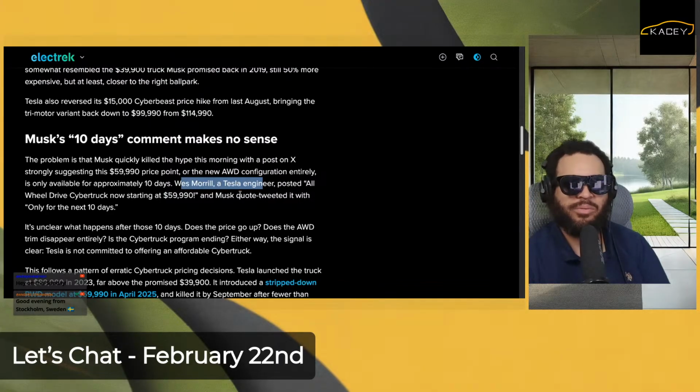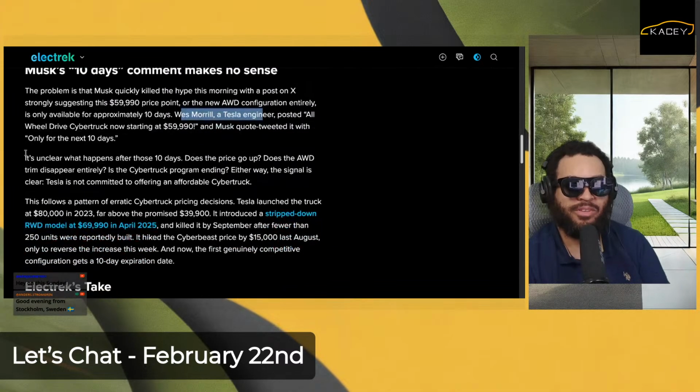Musk quote tweeted it, but only for the next 10 days. So it sounds like he didn't approve that, and like he canceled it after he saw it. That's what that looks like. Unless it was his plan to make a limited run. But it doesn't run to the end of the quarter, and that's usually how he does it.